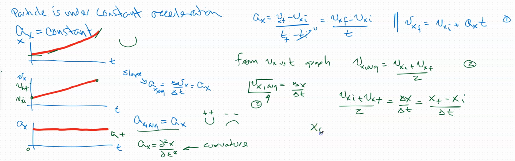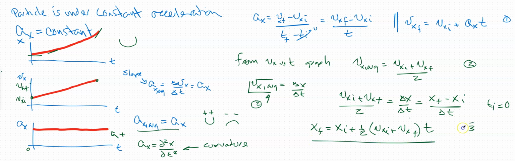So solving for the final position gives us the initial position plus 1/2 of velocity initial plus velocity final times time. Remember that time initial, we're going to say, is 0. And that's another equation. That's equation 3.